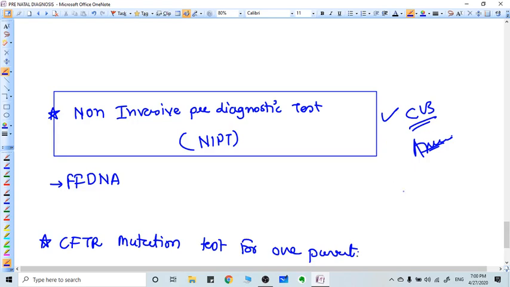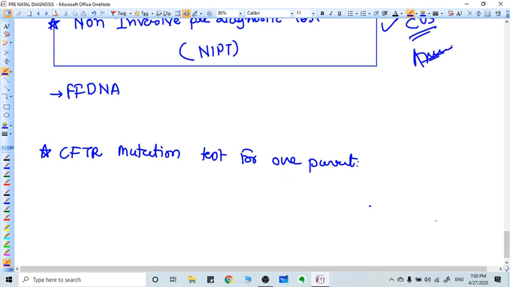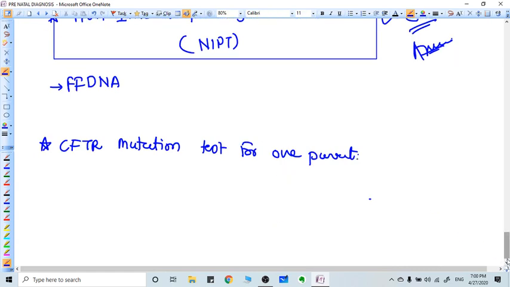So friends, these are the tests. When we do genetic diagnosis, we obviously do karyotyping and we get trisomy 18 and trisomy 21, which is Down syndrome. It is very important to diagnose, and we also get some other problems.